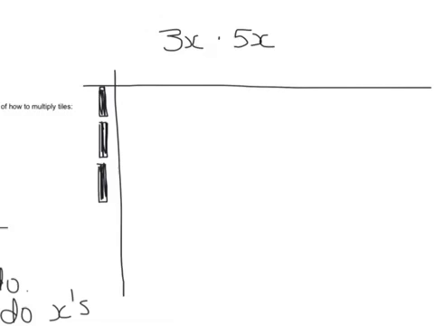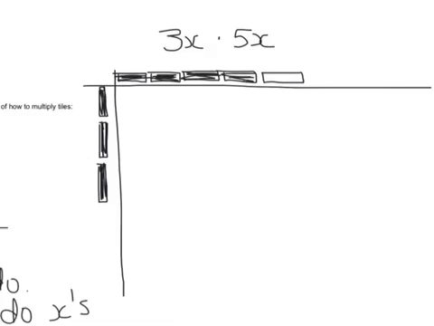Okay, so 3x, that's going to go on one of the sides. On the other side, I'm going to put 5x. 1, 2, 3, 4, 5, and I'm going to shade them in once again because they are positive. Alright, so now I just simply do an area.